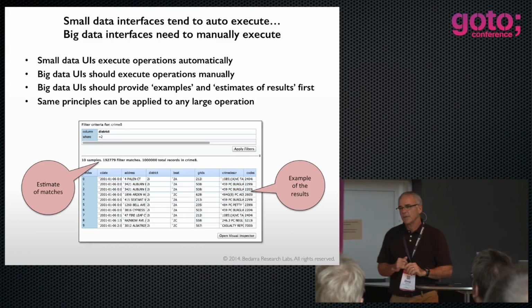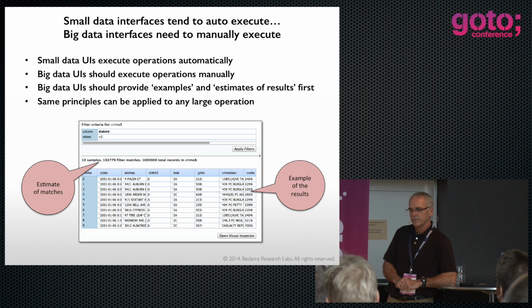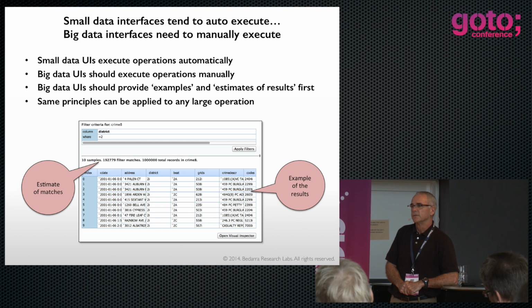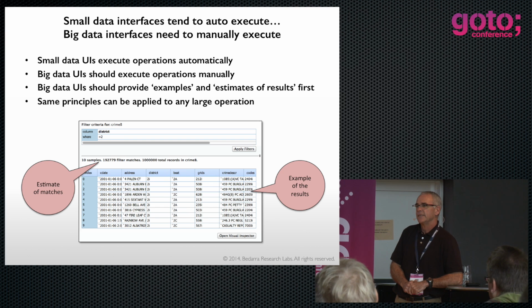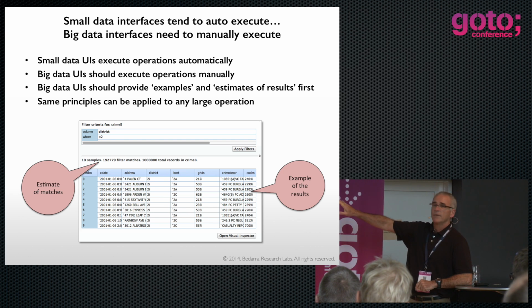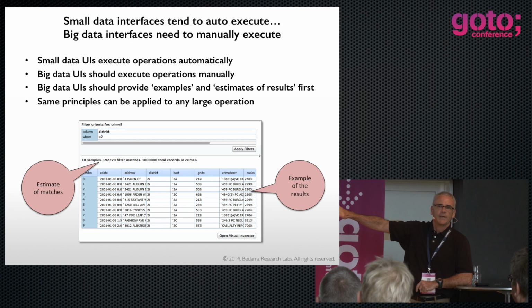And it's the same thing with executions. A lot of small data interfaces will immediately execute the query as soon as it changes. So it turns out in big data interfaces, what you want to do is you want to provide examples of the output, and you want to provide estimates of how many records you're going to get back once you hit that database.